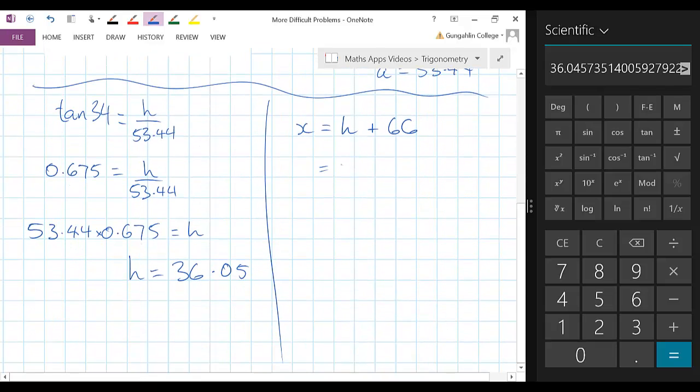Let's add that on. And I'm going to get 102.05. And depending on the question, reasonably I could probably just round this off to 102 meters as being the answer to this question.